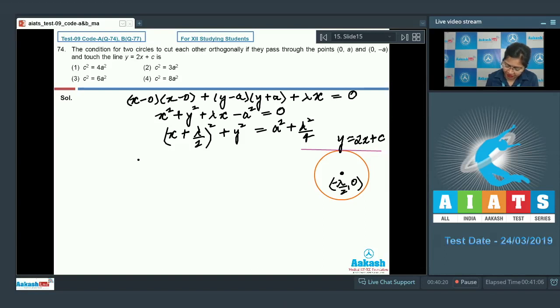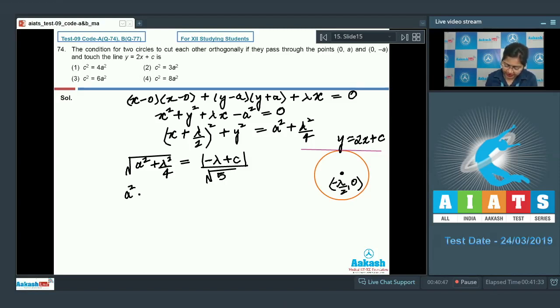So we have radius equal to under root a square plus lambda square by 4 equal to, putting this point in this line, we get |2 into (-lambda) + c - 0| upon under root 1 plus 4, that is root 5.